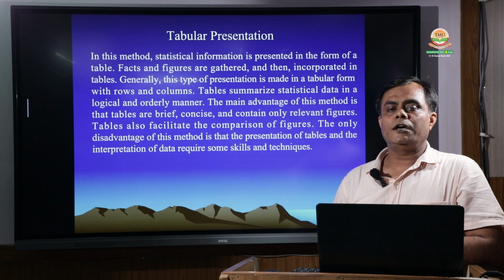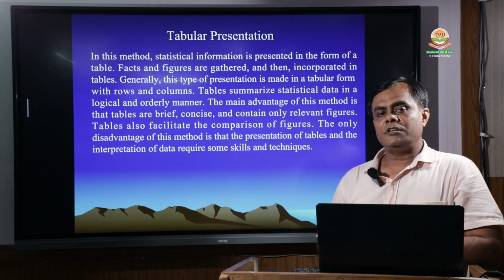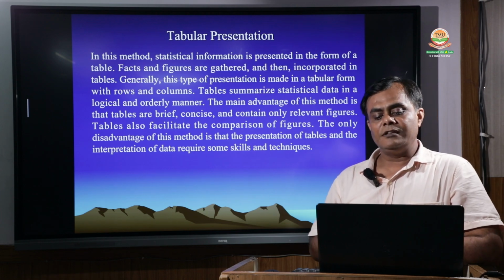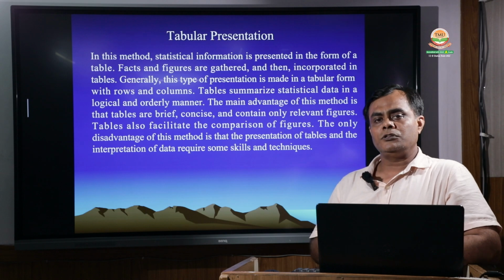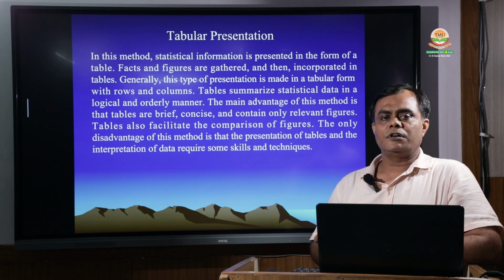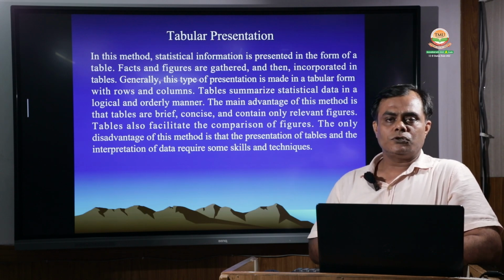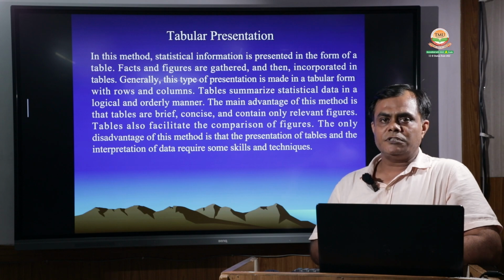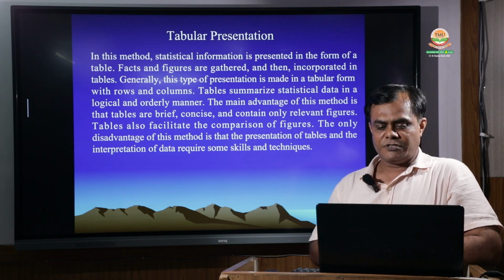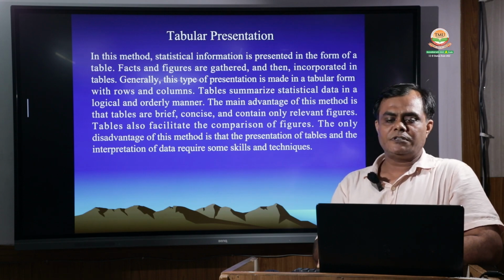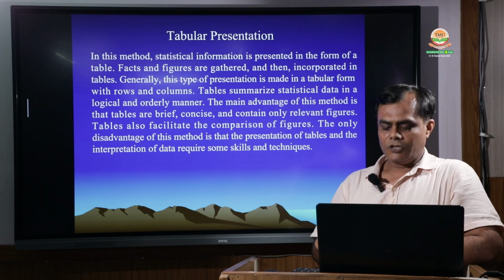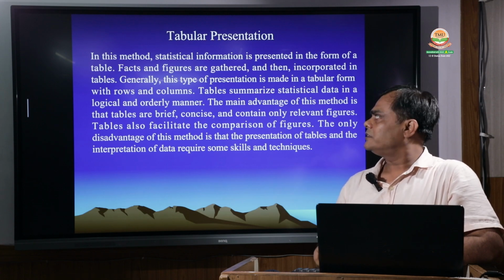If the enumerator has no knowledge of tabular skills and techniques, then it is not an easy task for that type of person. So technically, tabular presentation is more advanced than textual presentation. The third type of presentation is known as graphical presentation.